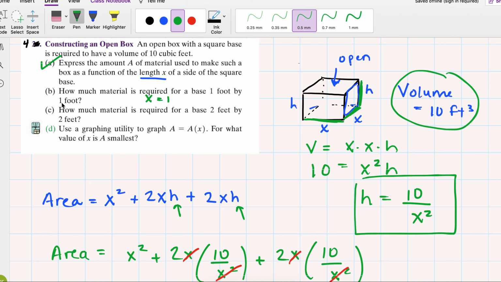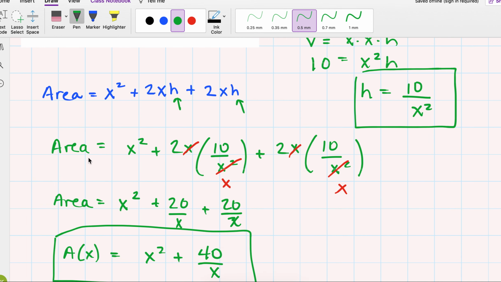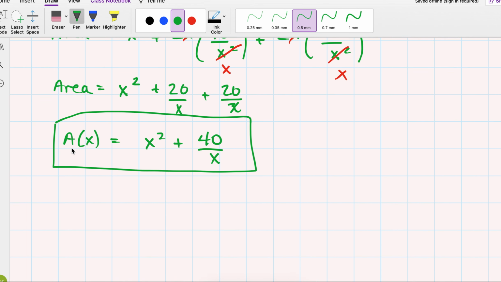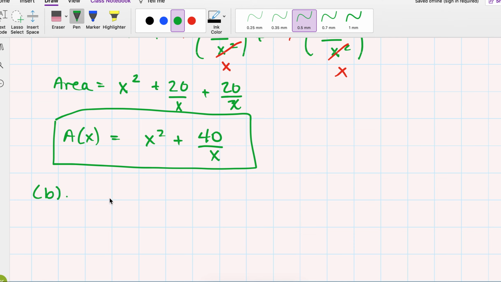At the same time, for part C, it says how much material is required for a base that's 2 feet by 2 feet. For this part, we're going to let x be equal to 2. So all we need to do to figure out B and C is plug it into this formula. For part B, we want to figure out A of 1, which is 1 squared plus 40 over 1, which is just going to be 41.